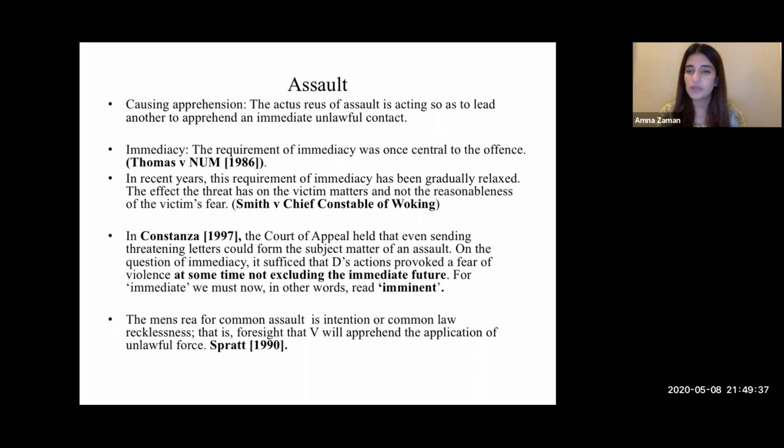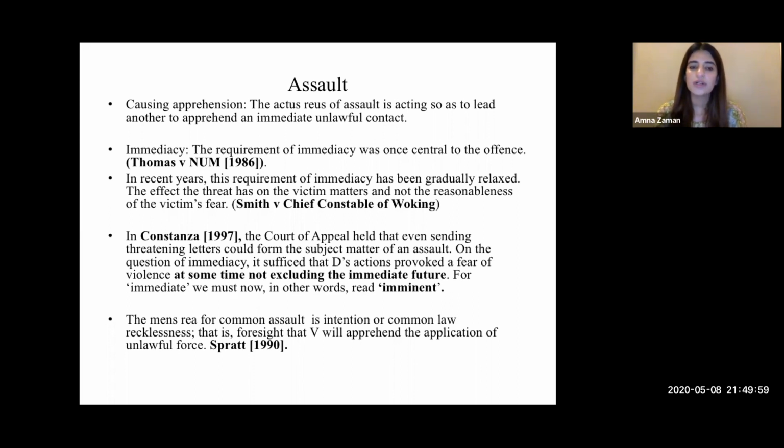Why? Because the court said that immediacy was no longer a requirement. And by standing outside the window and staring at the victim, the defendant actually instilled fear of violence in the victim. And that should be enough because the victim apprehended unlawful force.